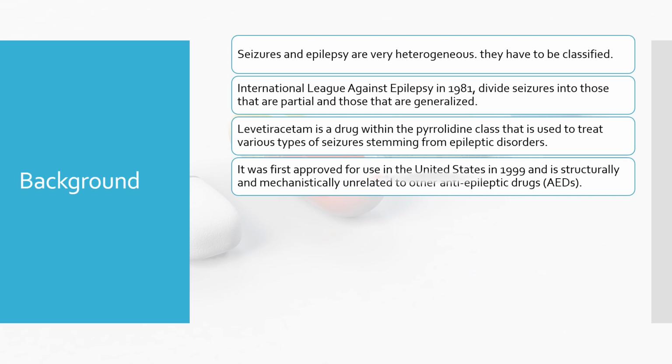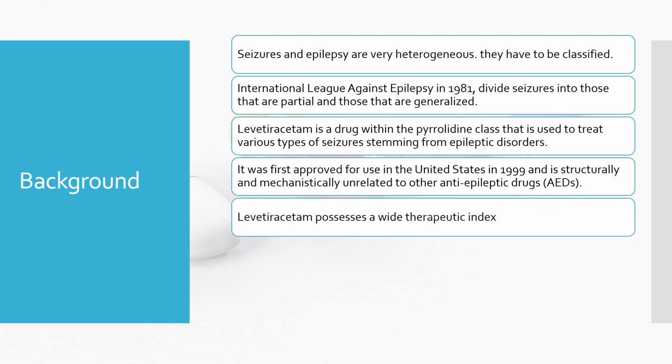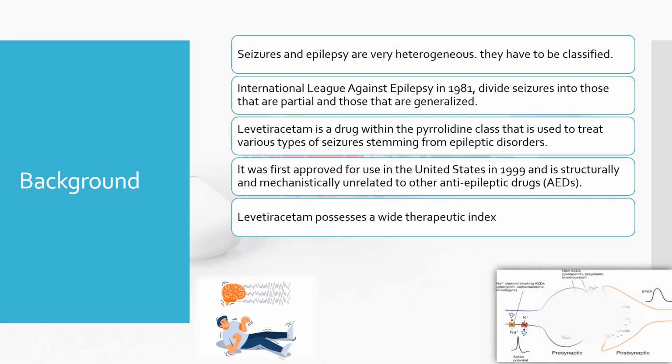It was first approved for use in the U.S. in 1989 and is structurally unrelated to other anti-epileptic drugs, also known as AEDs. Levetiracetam does possess a wide therapeutic index for its use.